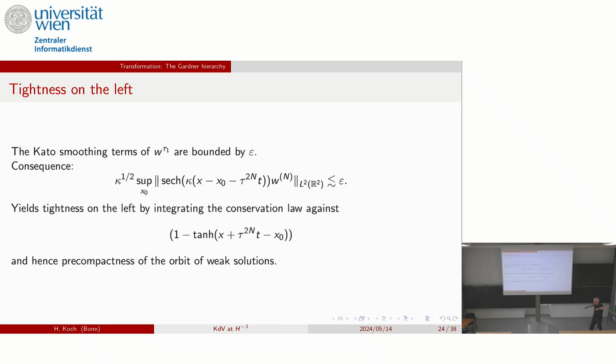That gives you good L2 terms and bad terms with nth order derivatives, but those you have under control, and that gives you then tightness to the left. Things cannot move to the left fast on the L2 level. The difference to Brinkmann, Killip, and Visan is that these arguments here are done on a PDE level. That's the advantage of using the Miura map compared to some sort of integral equation.